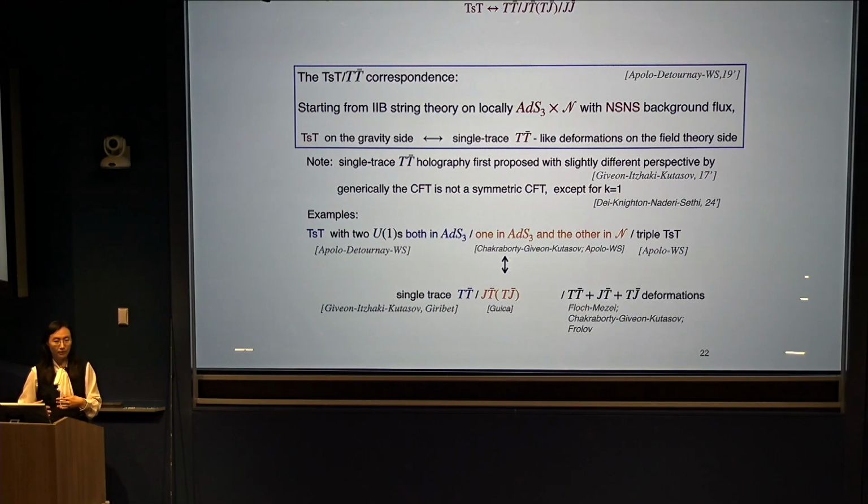I expect there is some version of single trace TTbar that can be defined after you add this marginal deformation to the symmetric orbifold, or alternatively, the discussion I provide later today can still survive this marginal deformation. I don't know how it works. I can only describe what I get from this symmetric orbifold construction and what can be matched.